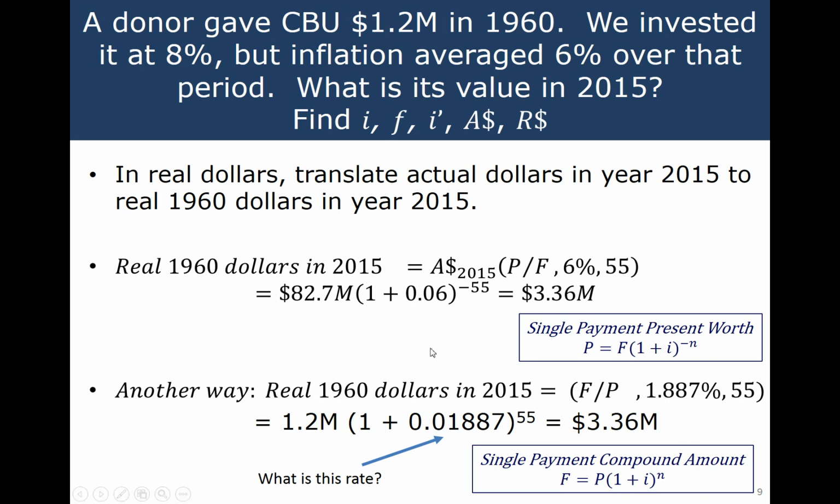So we calculate that, and we convert out the inflation. Actually, the value is only $3.36 million. The other way to calculate is the real money of 1960 in 2015. We can use the present value to the future value with the real dollars calculation, over a 55 year period, and you find the same answer.